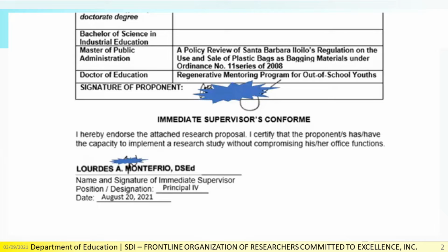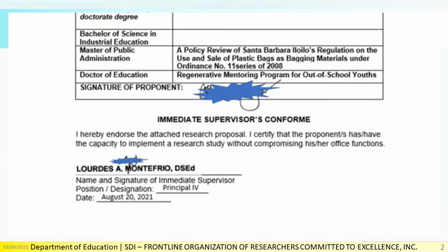Then, after your signature, we have the immediate supervisor confirm. So, stated here, let your immediate supervisor sign your application form. Then, the designation or position of the immediate supervisor as well as the date signed.